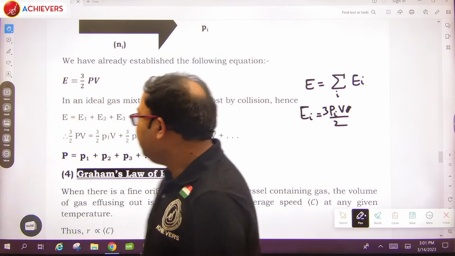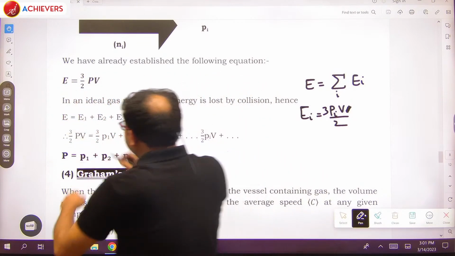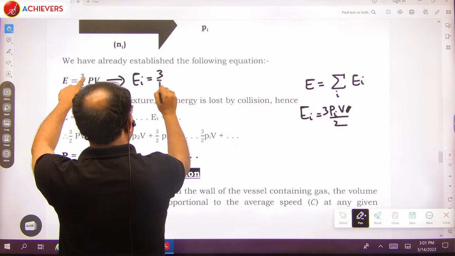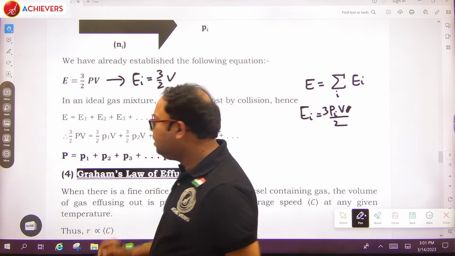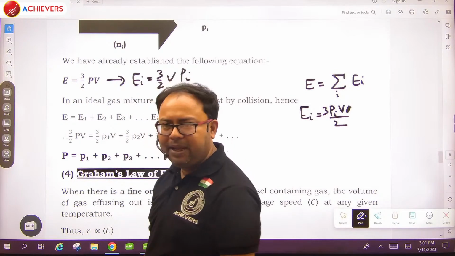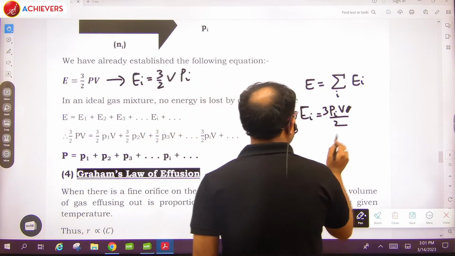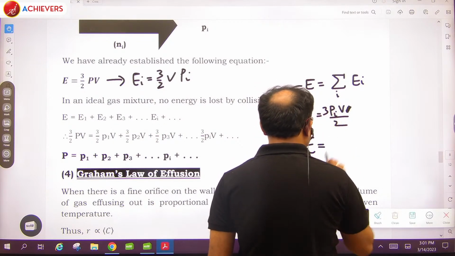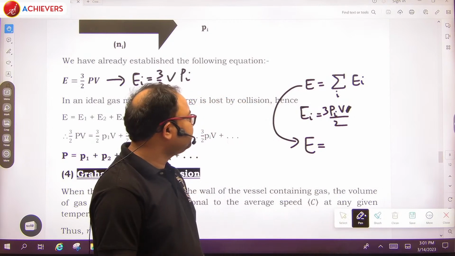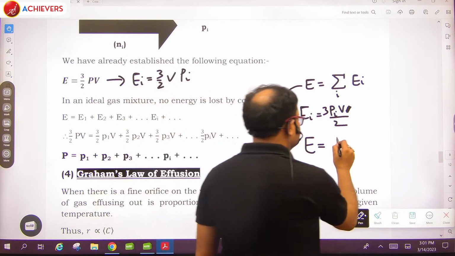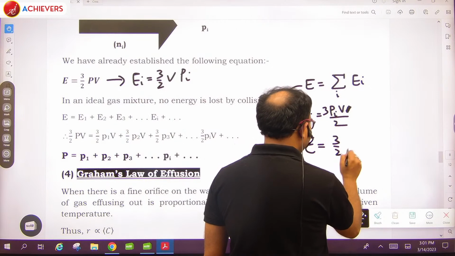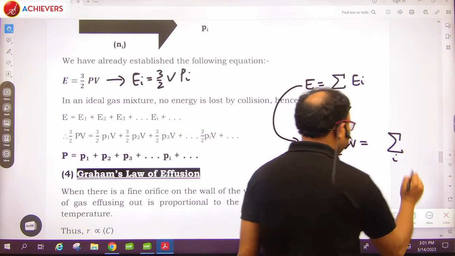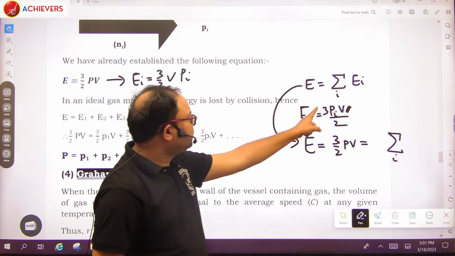It will not vary V. For the ith term, 3 by 2 V is constant. Only the pressure will become Pi. So, E is becoming equal to 3 by 2 PV, which is equal to summation over this term.